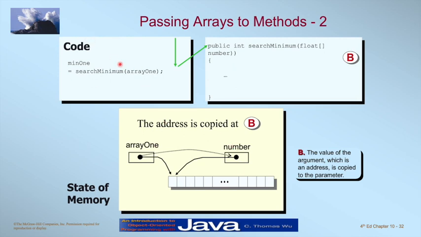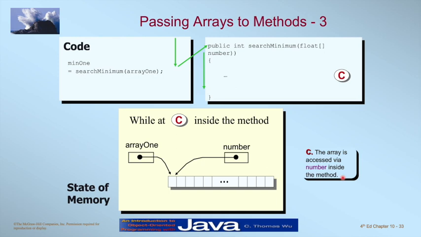You work on the code and this is what's happening. This is how the computer transfers the information. When you run it, the array is accessed via number inside the method, like we learned earlier, how we access specific data inside the array by writing the correct index value.